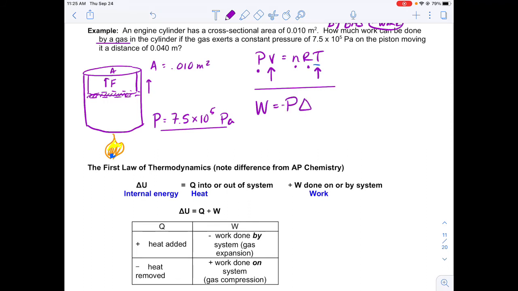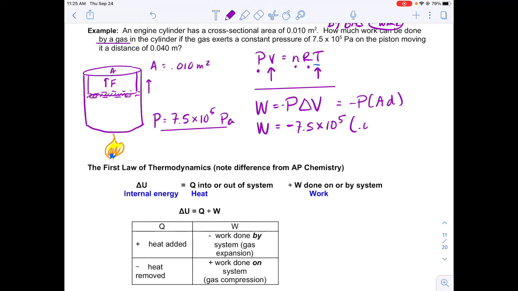So the formula is work equals negative P times delta V. So we would have 7.5 times 10 to the fifth. And then my delta V, the change in volume, is a positive value because the volume is getting bigger. So the change in volume is positive. And the amount of change in volume is going to be equal to the cross-sectional area times the distance.